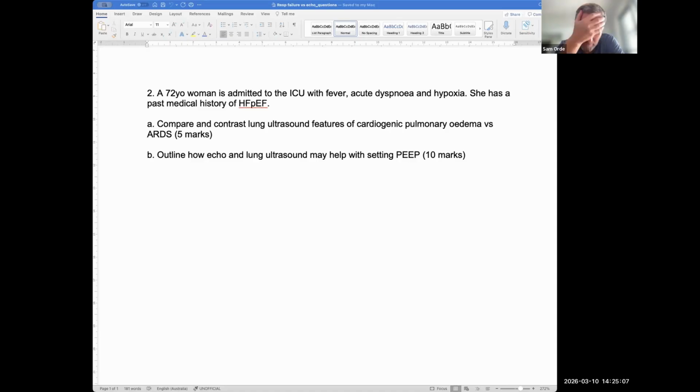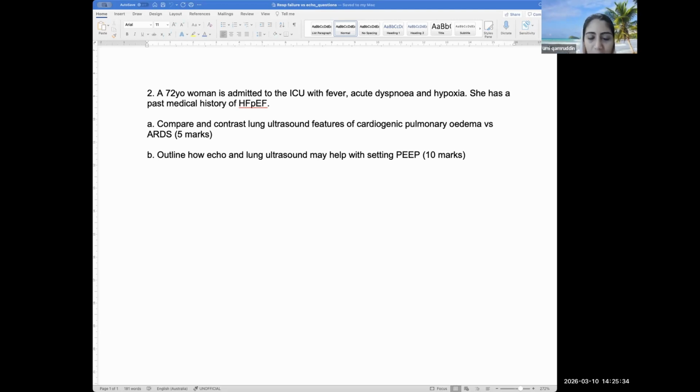Keep going. Now I'm moving to the echo for the hemodynamic tolerance assessment. So assessing the RV function, high PEEP may increase the RV afterload, so looking for signs of RV dilatation, D-shaped septal flattening, and reduced RV function. Then assessing the cardiac output on the echo by measuring the LVOT VTI and the stroke volume before and after changes in the PEEP.